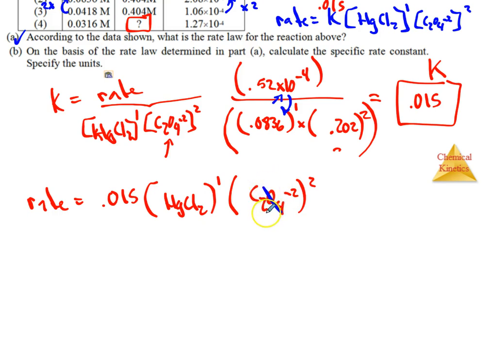So I'm solving for this. So algebra-wise, that means rate, and I can plug these numbers in, right? But I'm just going to write it out the long way. That x squared is equal to rate divided by 0.015 times HgCl2 to the first. Okay?